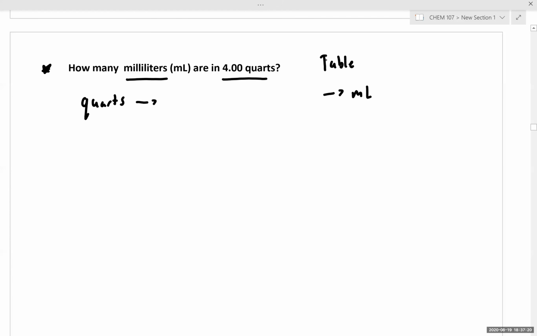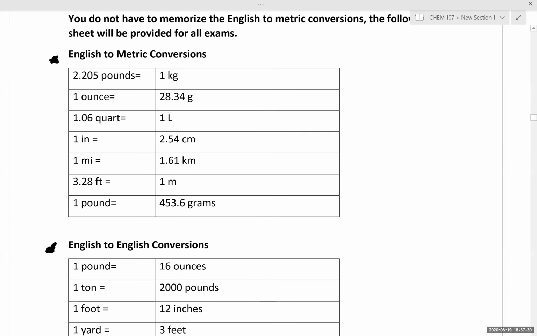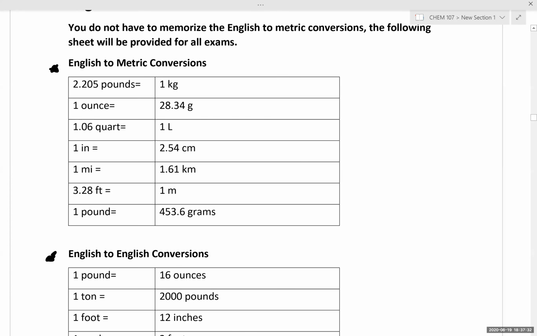We're going to find as many conversion factors as possible in our table. So I'm going to go all the way up to my table and I'm going to look for something containing quarts and something related to milliliters. Is there an equality in this table that relates quarts and something related to milliliters?